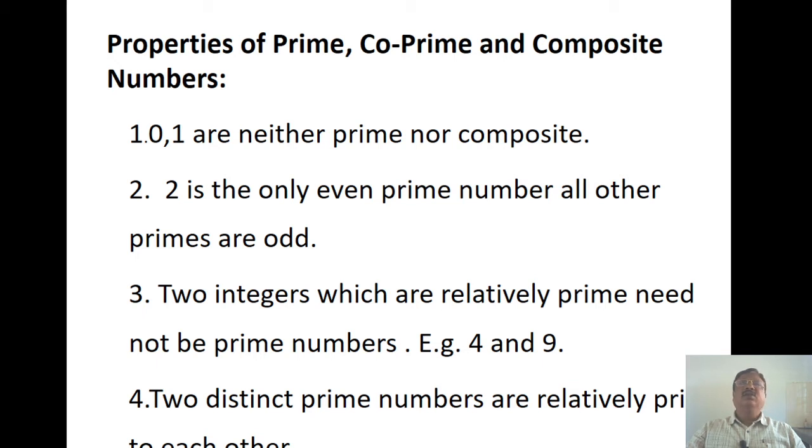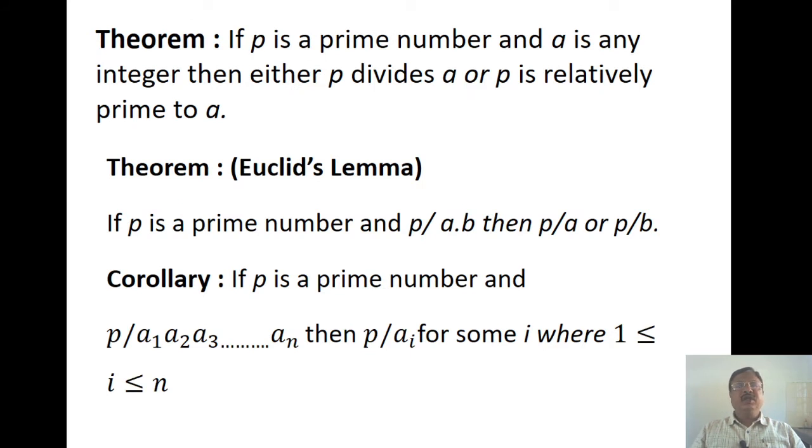Number 3, two integers which are relatively prime need not be prime numbers. For example, 4 and 9 are relatively prime, but they themselves are not prime numbers. Fourth, two distinct prime numbers are relatively prime to each other. So for example, 3 and 5.